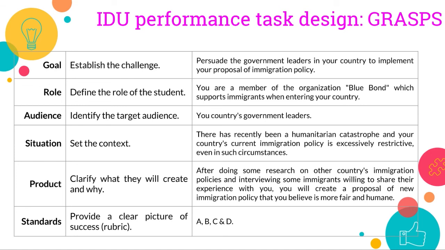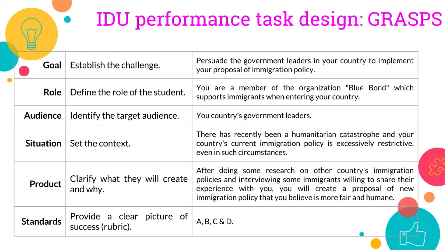Now, if we retake the example that we saw in the previous slide, the goal of that situation would be to persuade the government leaders in your country to implement your proposal of immigration policy. Who do we want our students to be? We're going to tell our students that they are members of the organization Blue Bond, which supports immigrants when entering your country.